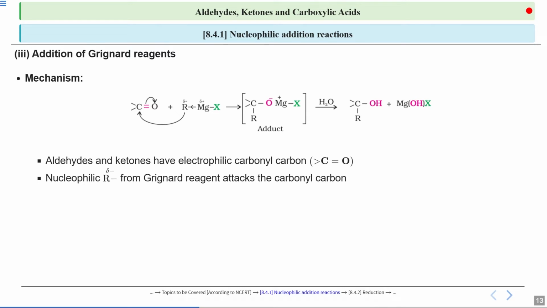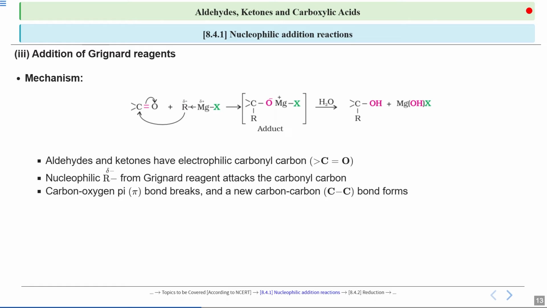We know the R-MgX bond is polar, so R gets a partial negative charge, and MgX, which is a metal with an electropositive nature, gets a partial positive charge. So where will this R attack? This R, which acts as a nucleophile, or a carbanion, reacts on the electrophilic carbon.